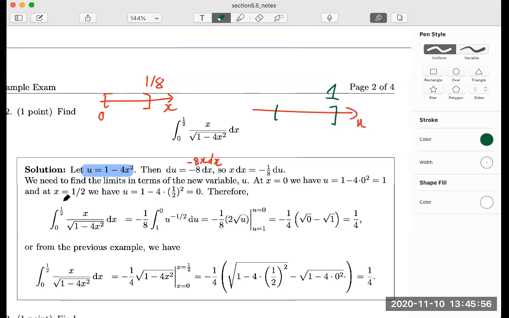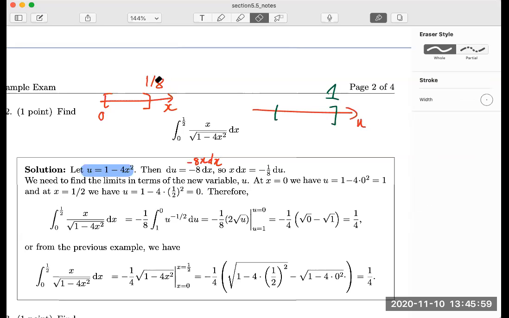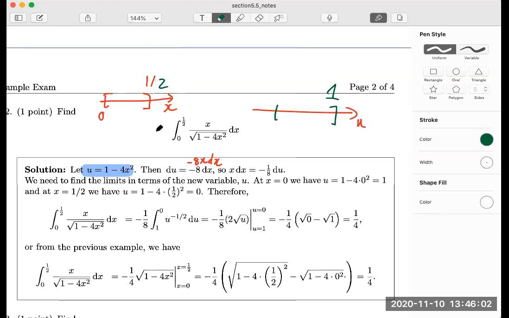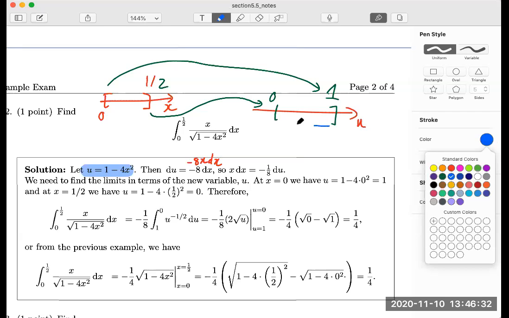And here, when x is equal to 1/2, we have u is 1 minus 4 times 1/2 squared. 4 times 1/2 squared gives us 1. 1 minus 1 gives us 0. So the bounds, if x runs from 0 to 1/2, u will run from 1 to 0.